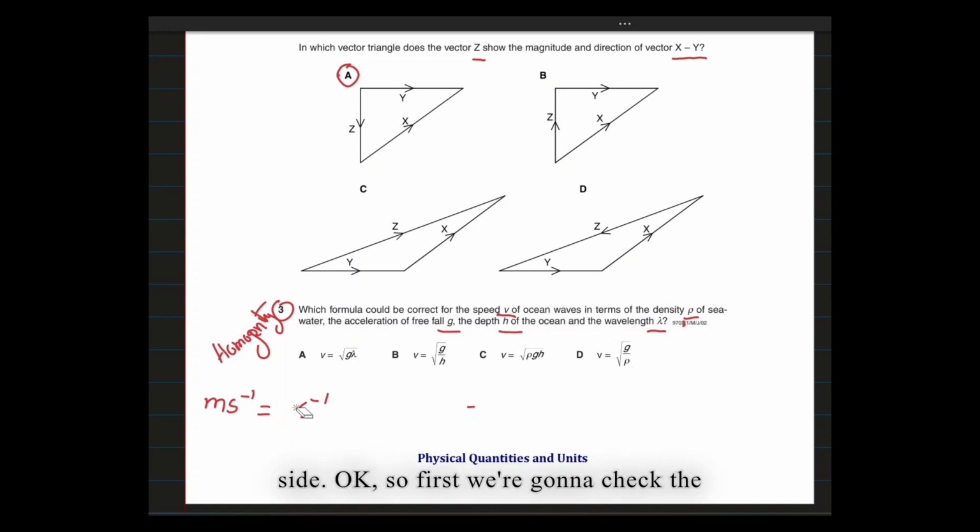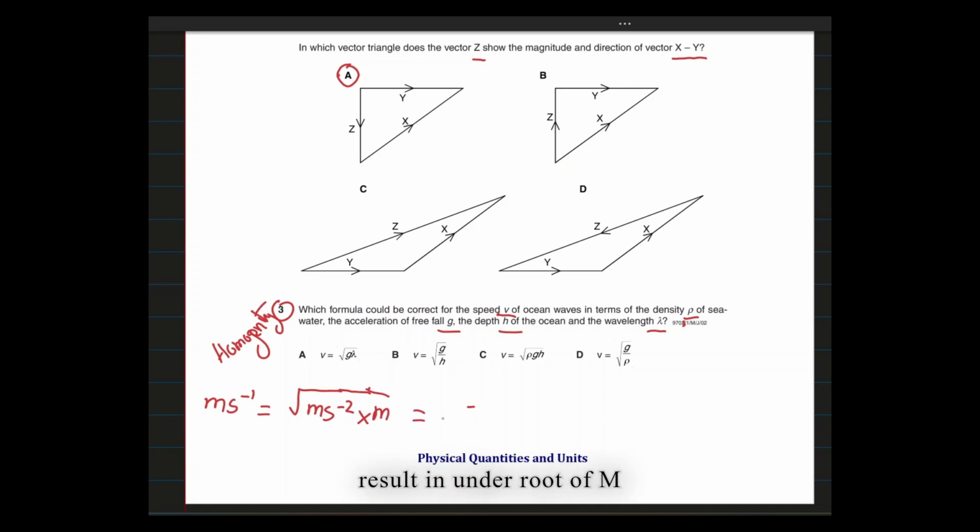Okay, so first we're gonna check the first option, that is under root of g and lambda. Okay, so we know that g unit is ms minus 2, and then we're gonna multiply it with lambda. Lambda is wavelength, which means it has unit of a meter. Okay, so it would be m.